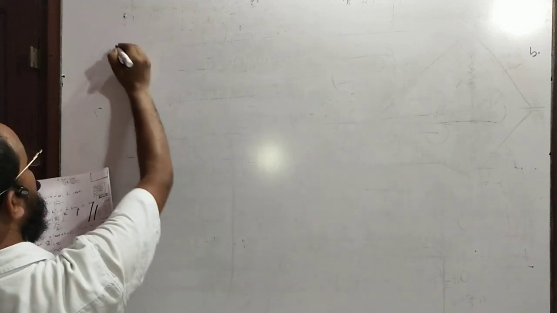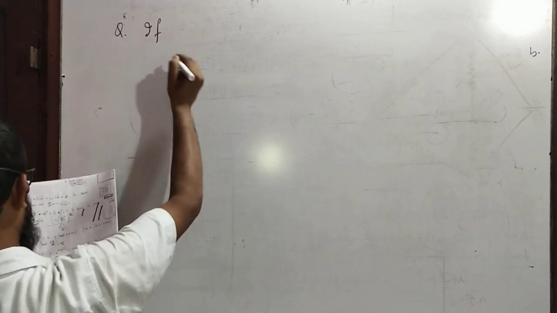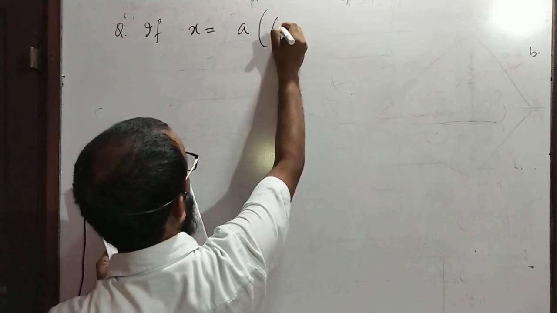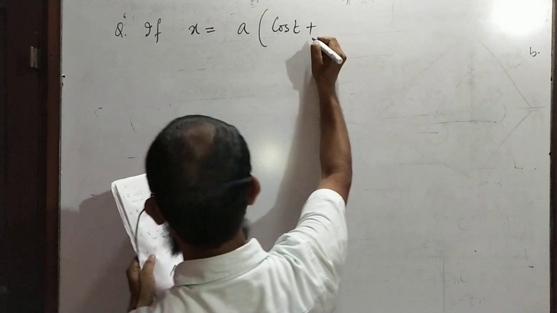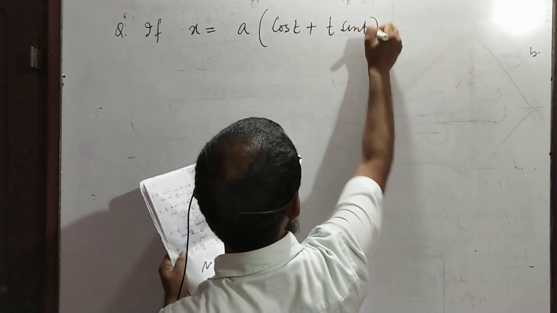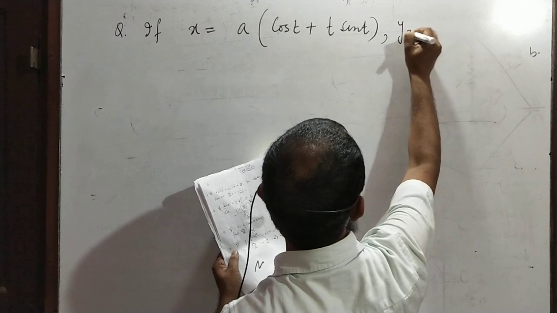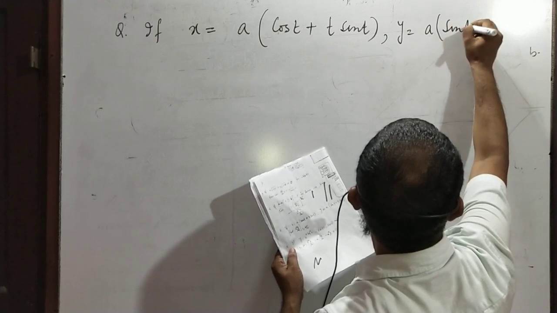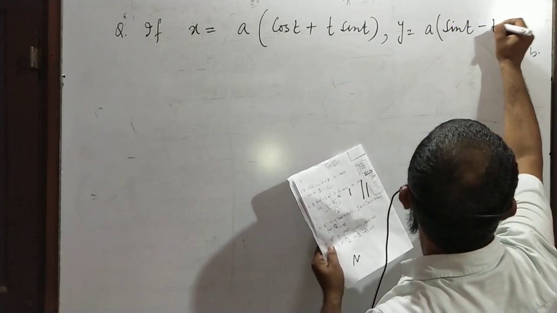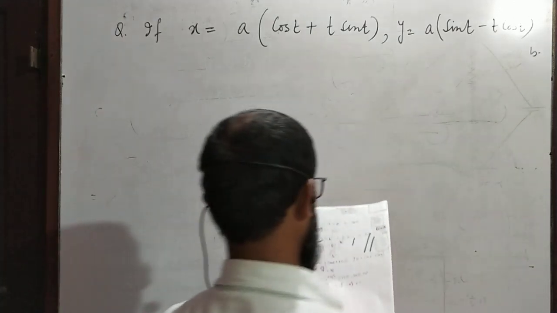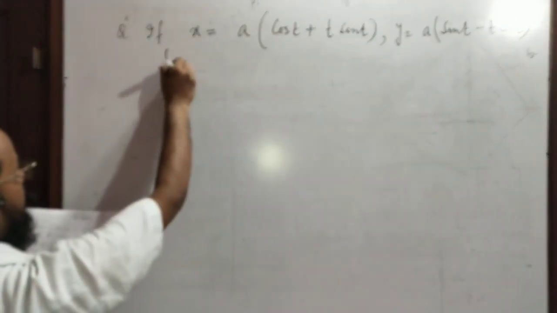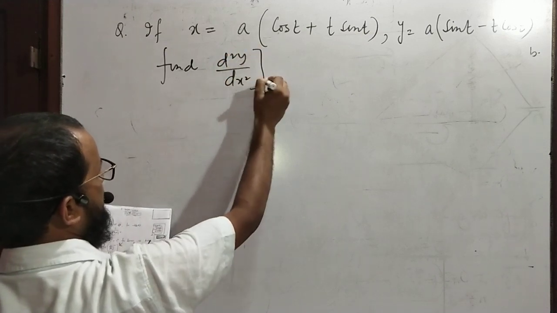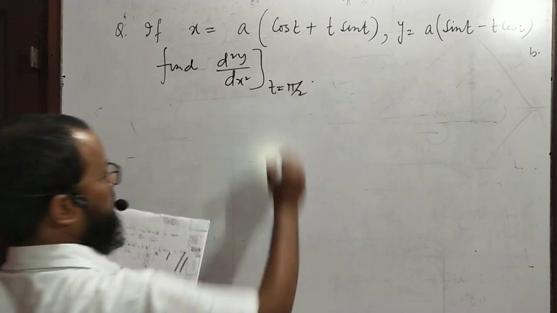So question is that if x is equal to a into (cos t plus t into sin t), and y equal to a into (sin t minus t into cos t), you have to find d2y upon dx2 at t equal to pi/2.